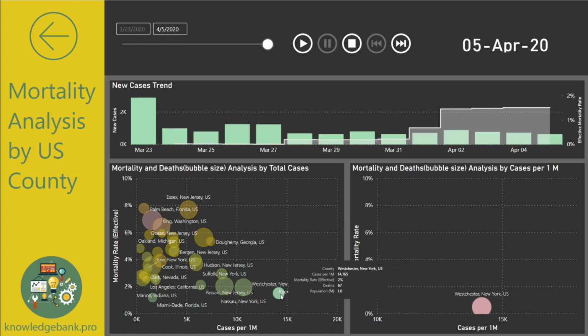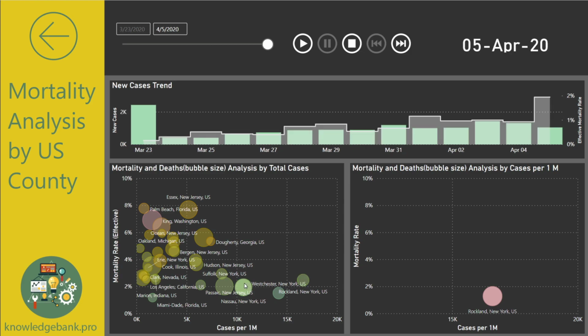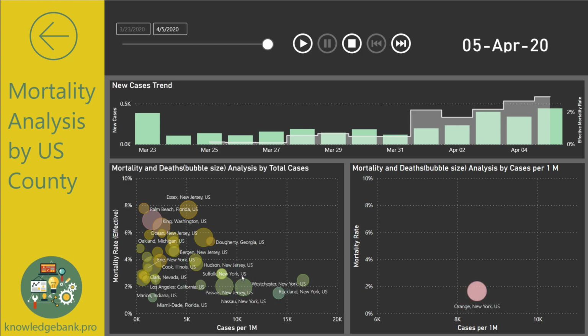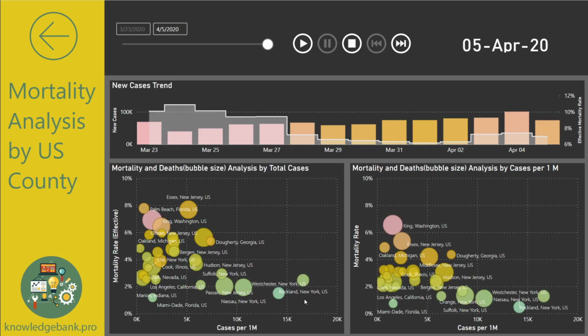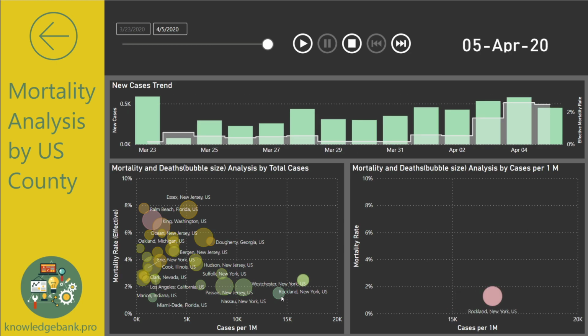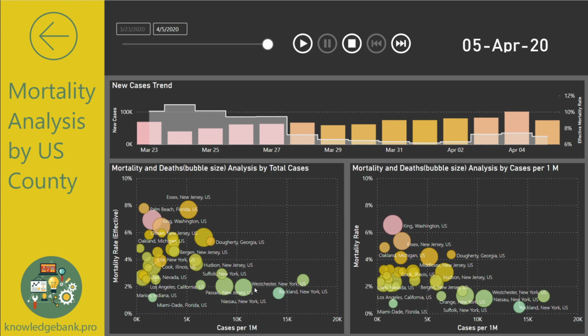When we look at Westchester County or Rockland County, we see that mortality rates are very low. Thus far, looking at the effective rates, it's hard for us to say right now that the system is being overrun. Some counties have a certain amount of hospitals, population density, all that. Totally understand that, but at least so far, it doesn't look like we're hitting that saturation point where we don't have the capacity. So the rates are fairly low.